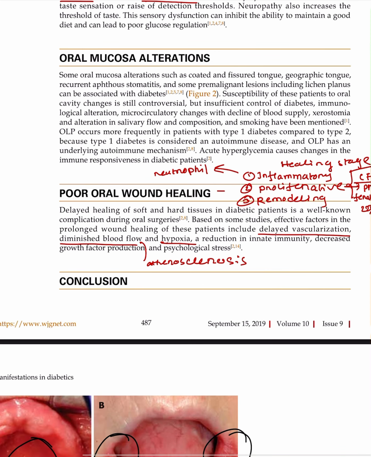Wound healing usually has three stages: the inflammatory stage, in which the neutrophils act; the proliferative stage, in which collagen fiber proliferation occurs; and the remodeling phase. The first two phases, inflammatory and proliferative, are affected in diabetes mellitus, so there will be poor wound healing.